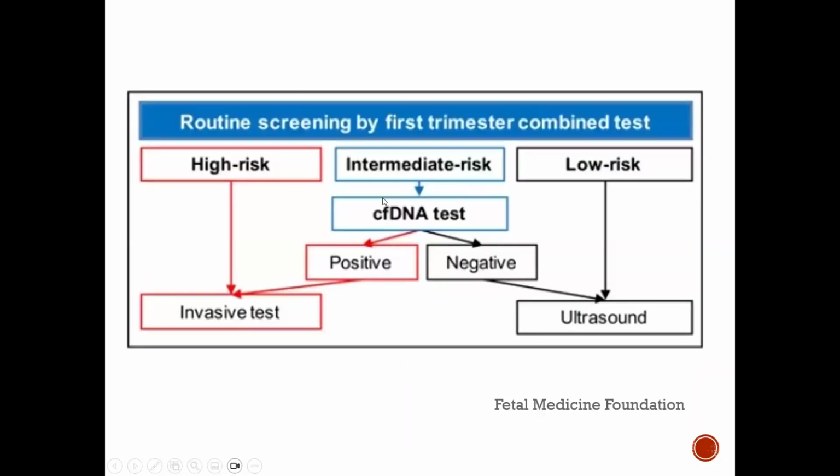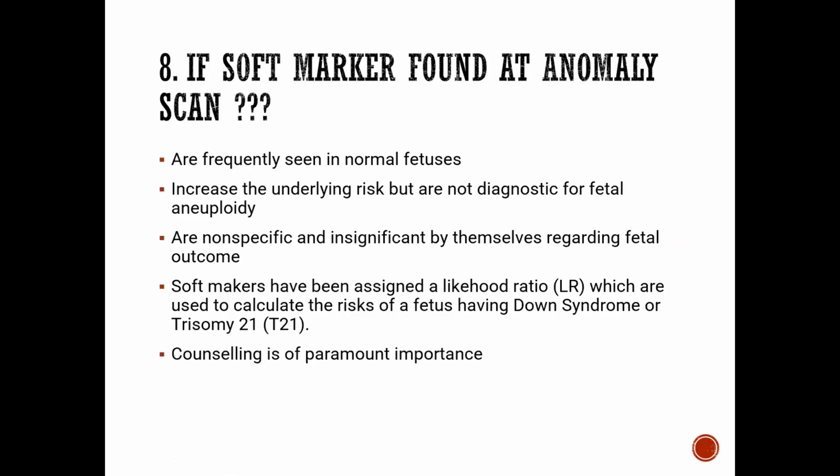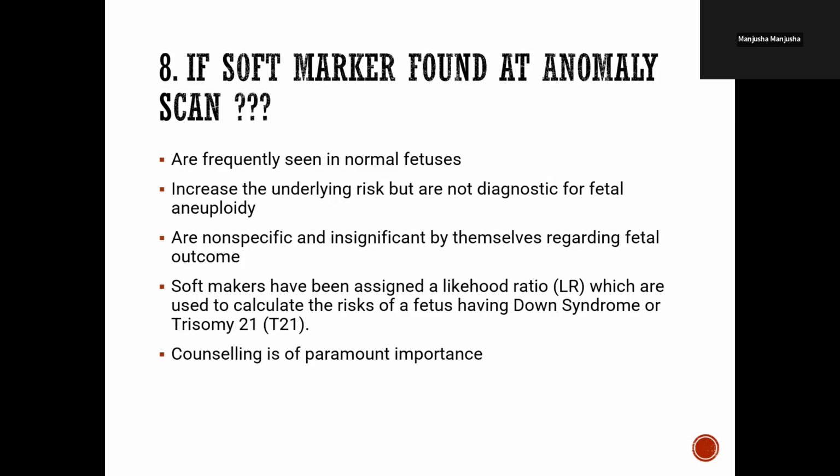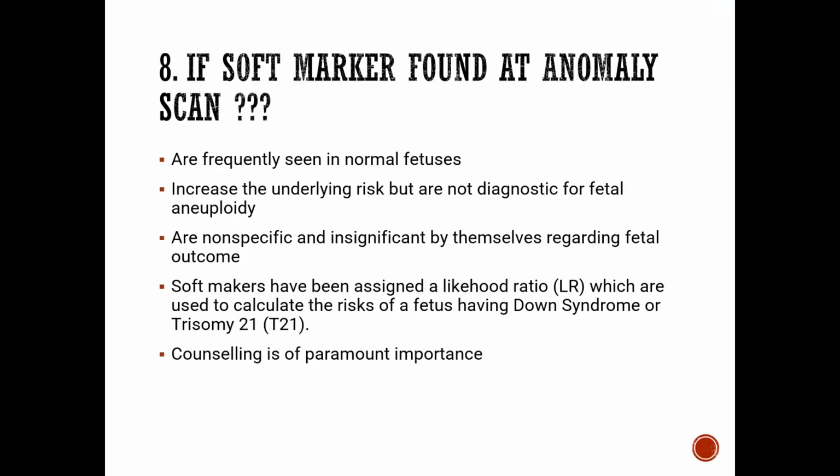Now the next thing is soft markers. Quite often we get patients who are coming with a TIFFA report or anomaly scan report with some soft markers. So what are soft markers? Soft markers are frequently seen in normal fetuses. They increase the underlying risk, but are not the diagnosis for fetal aneuploidy. They are non-specific and insignificant by themselves.